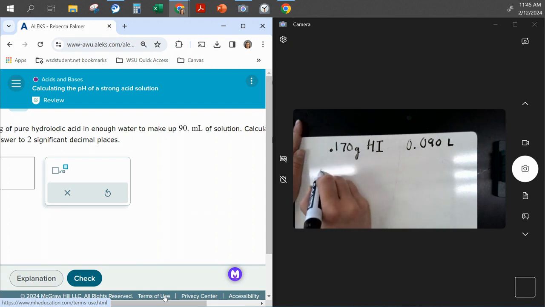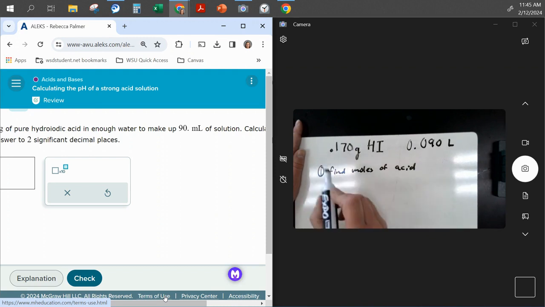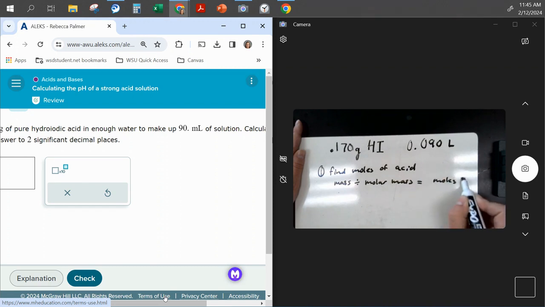So the first thing that I need to do is find the moles of acid. So I'm going to take the mass and divide by the molar mass. And that's going to give me moles of hydrogen.